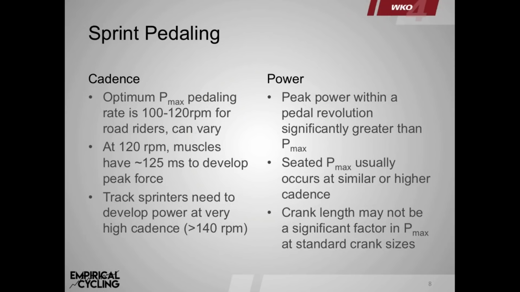Seated Pmax usually occurs at a similar or higher cadence, and it's usually going to be a lower power value because you don't get to engage your upper body and move the bike and everything like that. And crank length may not be a significant factor in Pmax within standard crank sizes.